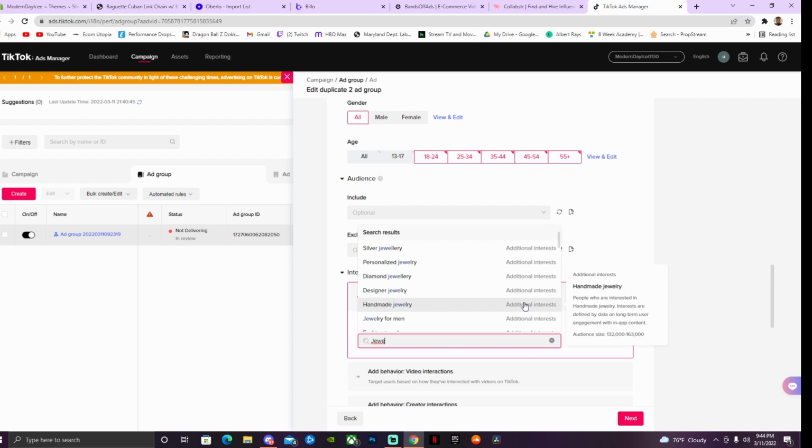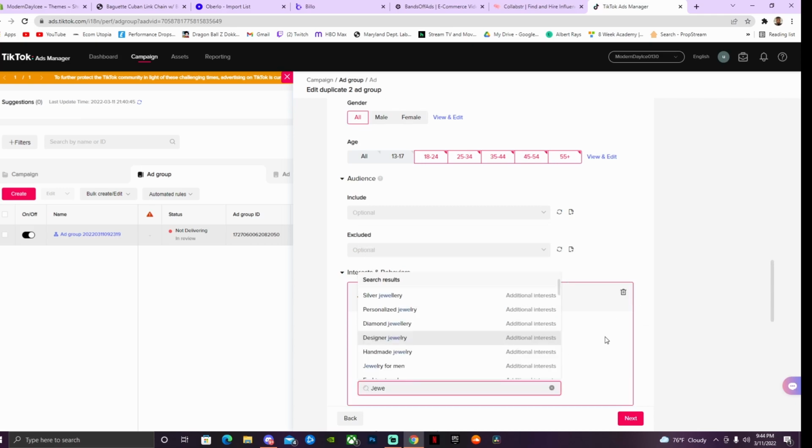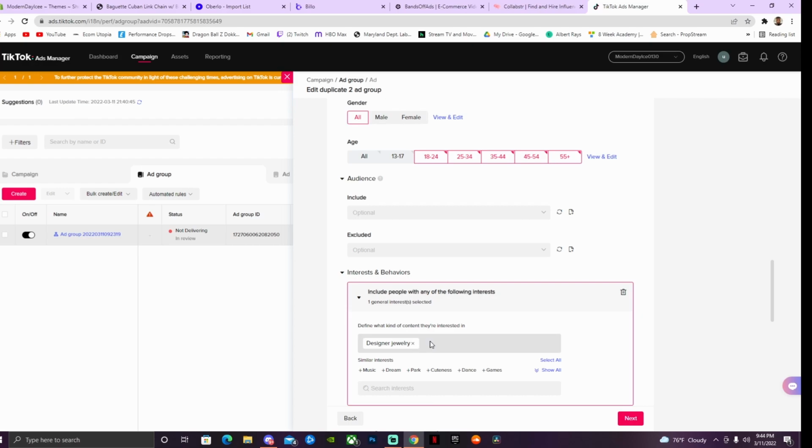You want to have at least 2 million for the audience size, so TikTok has a good amount of people to show your ad to, different types of customers who could potentially buy your product. Let's see which one of these has the best audience size. It's looking like designer jewelry. Okay, so for this ad group, I would have designer jewelry.